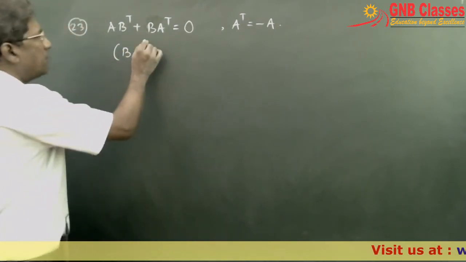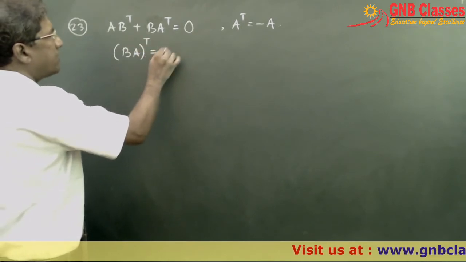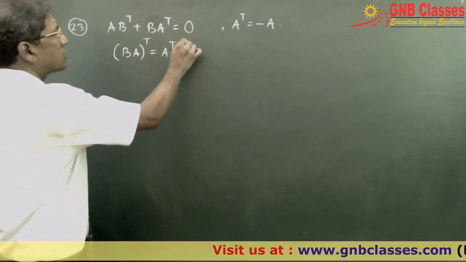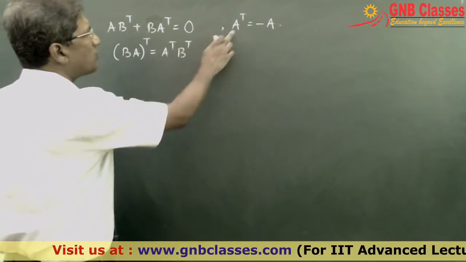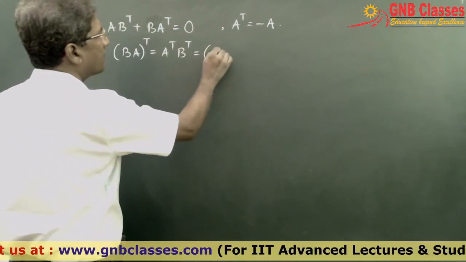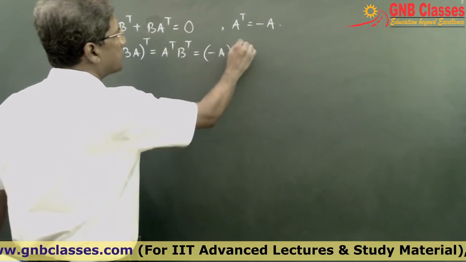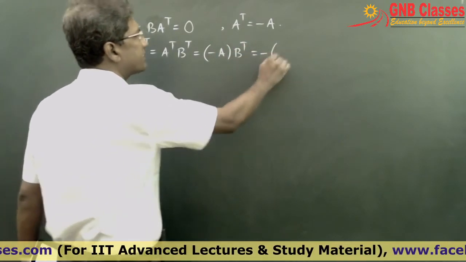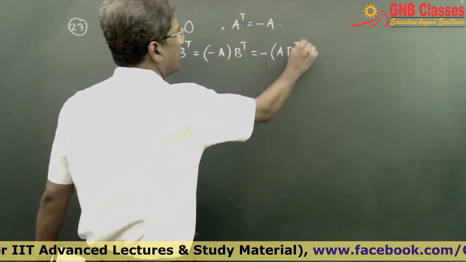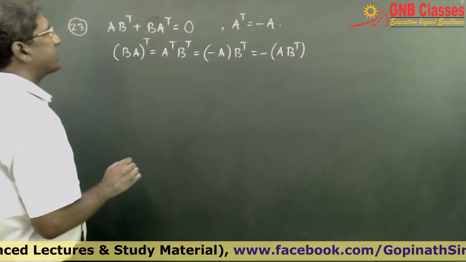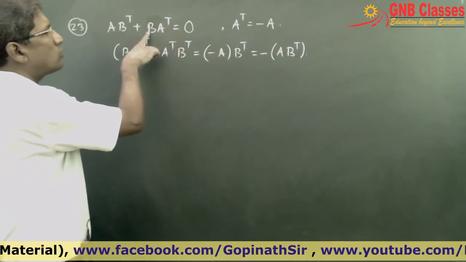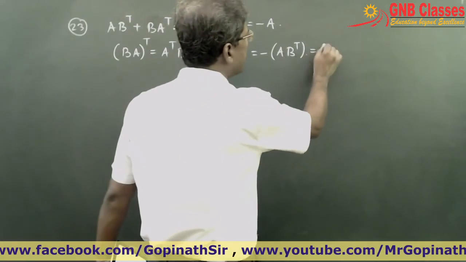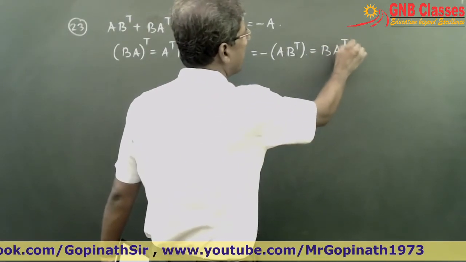So let me just take the transpose, which can be written as A transpose B transpose. Again, A transpose is nothing but minus A. So it's minus A B transpose. Is it clear? Now minus A B transpose is nothing but B A transpose. Is it clear?